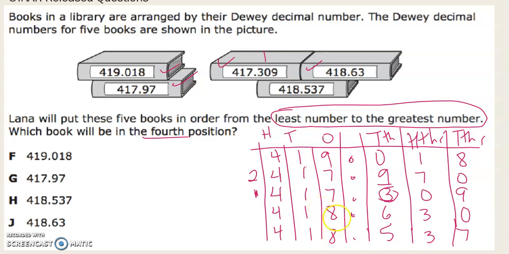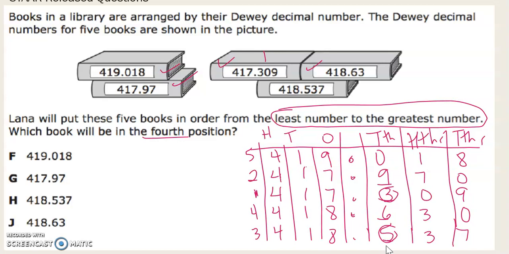So I have 2 numbers that have an 8 in the ones place, so then I have to use my tens place here. I have a 6 and a 5, and again, I'm going from least to greatest, so I know my 5 is my smallest. So that means this is my third book. Okay, so that makes my fourth book the 418 and 630 thousandths. So by process of elimination, that means that 419 and 18 thousandths is my fifth book.